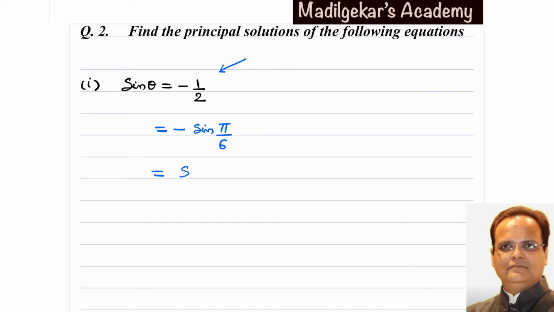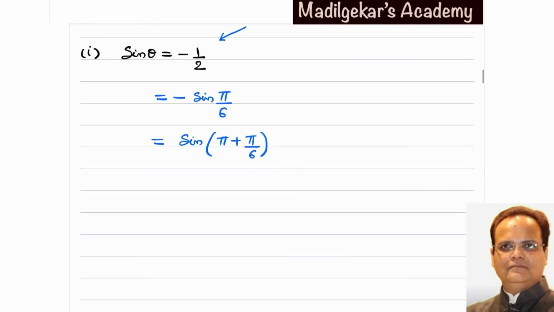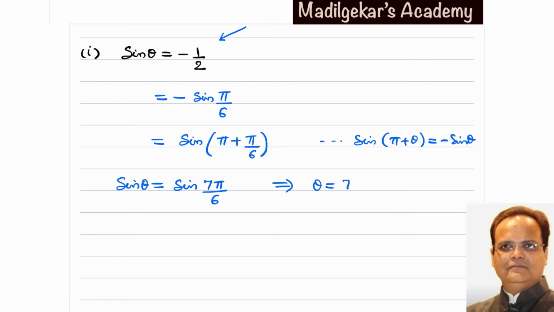We can write this as sine of pi plus pi by 6, because sine of pi plus theta is minus sine theta. So it gives you sine of 7 pi by 6. The first value which we get is 7 pi by 6.